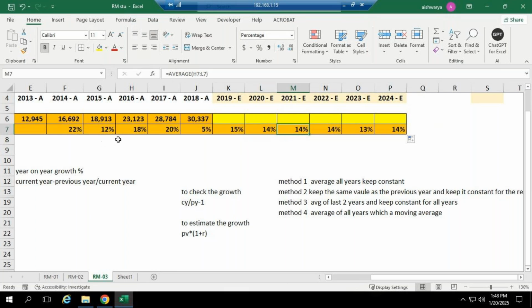Again the average of 2016 to 2020 you will be getting the answer here as 14%. So like that it is called the moving average method. You cannot keep this as a constant.